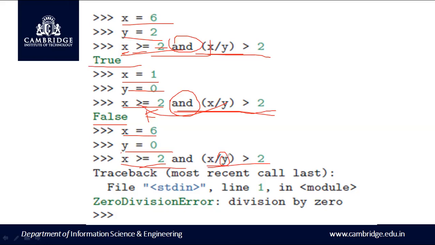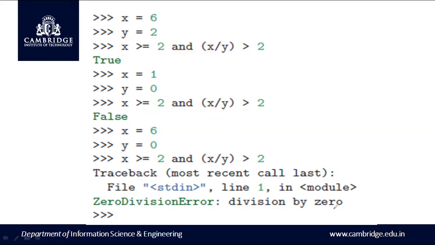Instead of going to the second expression, if we first check that y is not equal to 0 somewhere in the expression, we can stop executing the rest of the logical expression. That is nothing but a guardian pattern for the short circuit evaluation. We have to include a guardian pattern so that the rest of the expression is not evaluated by Python.